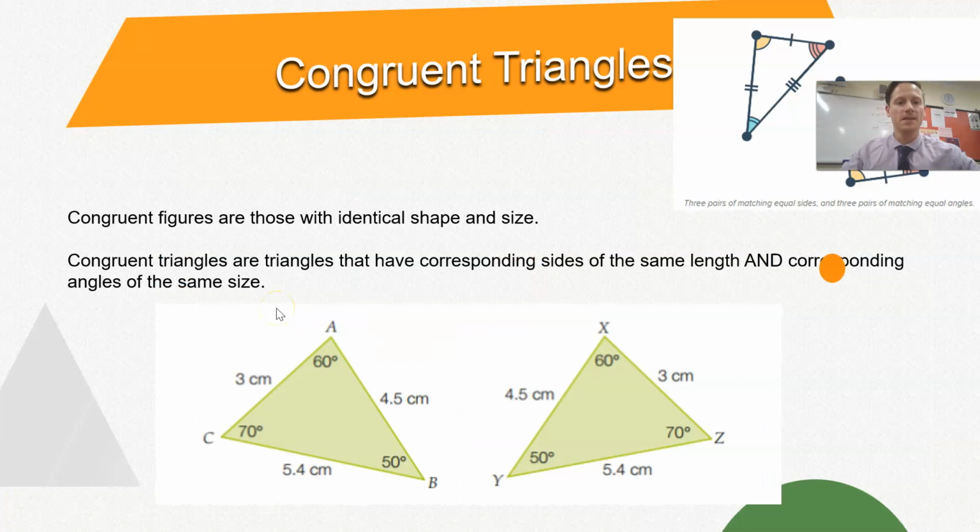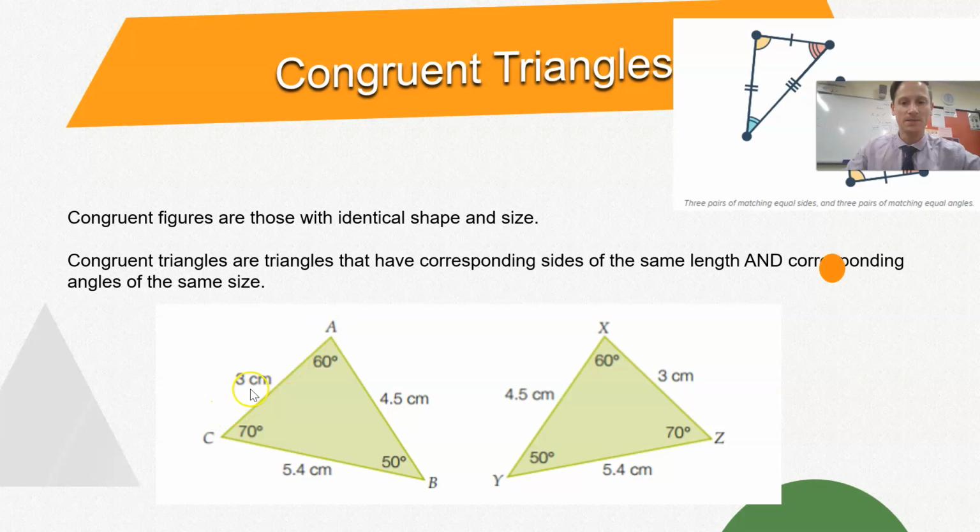So congruent figures have identical size and shape, and congruent triangles have corresponding sides of the same length and corresponding angles of the same size. So we've got 2 congruent triangles here. So we have side AB, which has 4.5 centimeters in length, and that corresponds to side XY, which also has a 4.5 centimeter length.